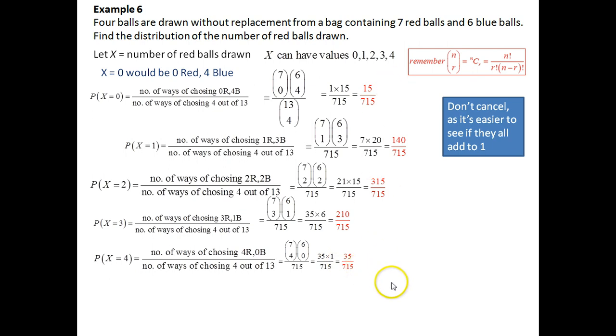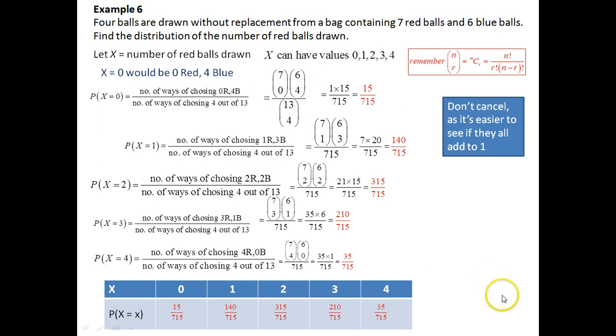Add all those up, and they do add up to 1. We can write them in a table. So x was no reds, 1 red, 2 reds, 3 reds and 4 reds, and we worked out their probabilities, which sum to 1. So that is the distribution of the number of red balls.